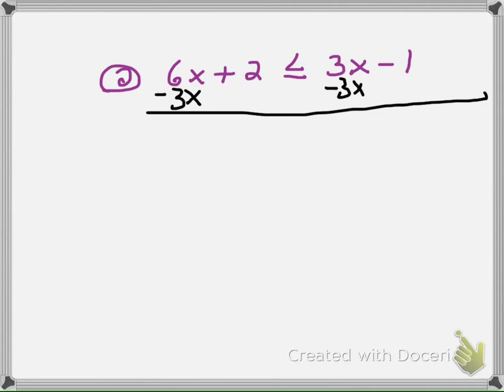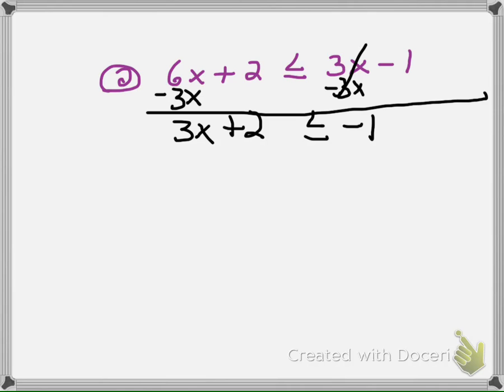Don't drop your x. Okay, 3x take away 3x is nothing, so I'm crossing it out. And negative 1 is the only thing that's left on that side. I drop my sign. If you take 6x and you subtract 3x, you're going to have 3x. And then I still have the 2, nothing happened to it, so plus 2.